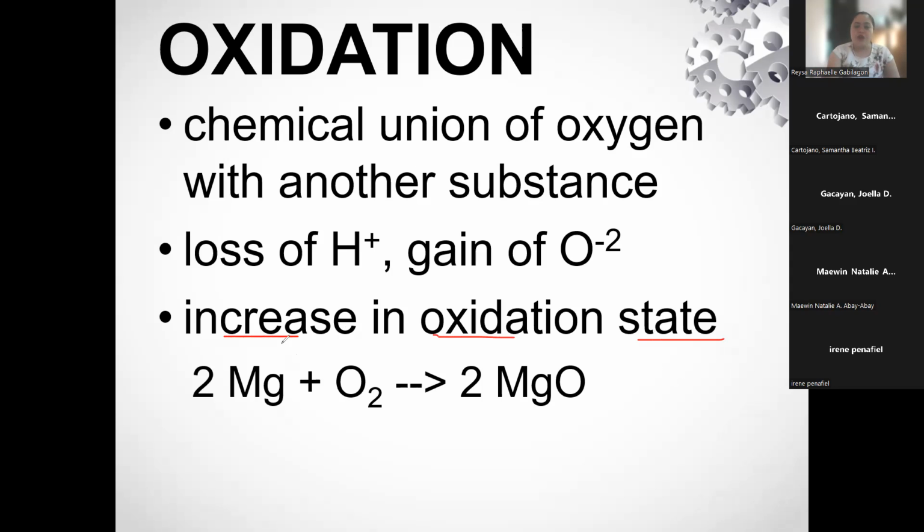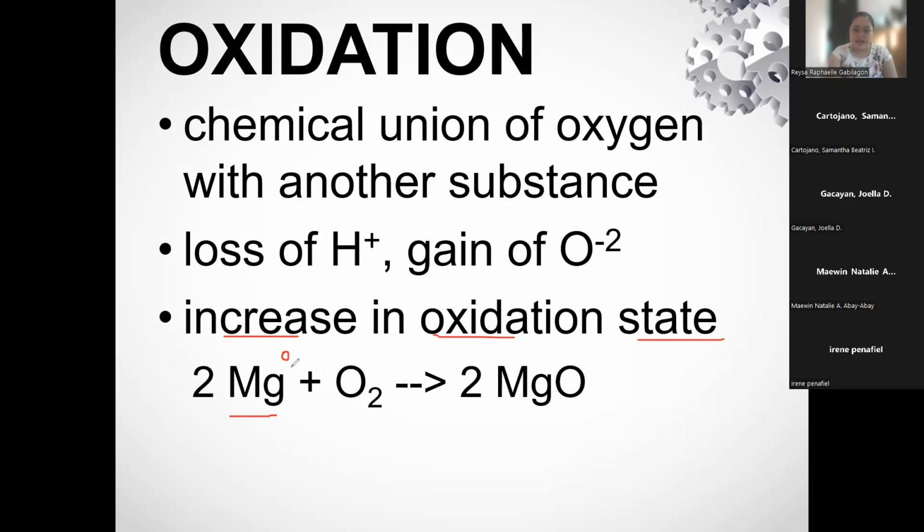So this is how you check the charge. Number one, if the element is uncombined, if the element is not combined to other elements, just like this one, automatically, class, the element assumes a charge or an oxidation state of 0.